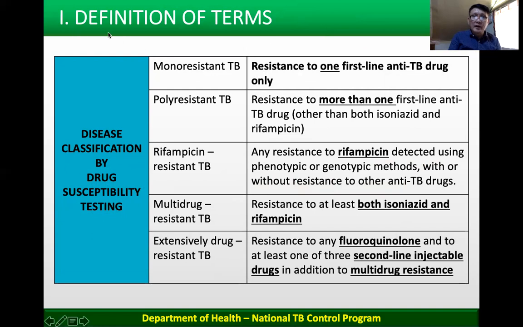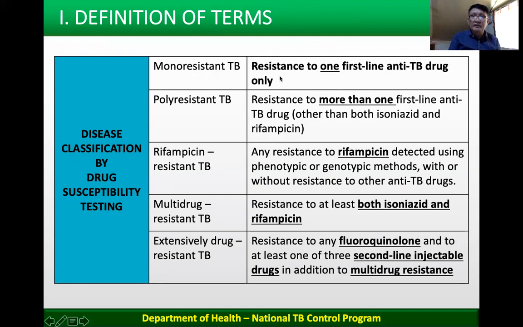Now another definition of terms, in terms of disease classification by drug susceptibility testing. I know you are familiar with these terms. We have the so-called monoresistant TB. The word mono means only one.